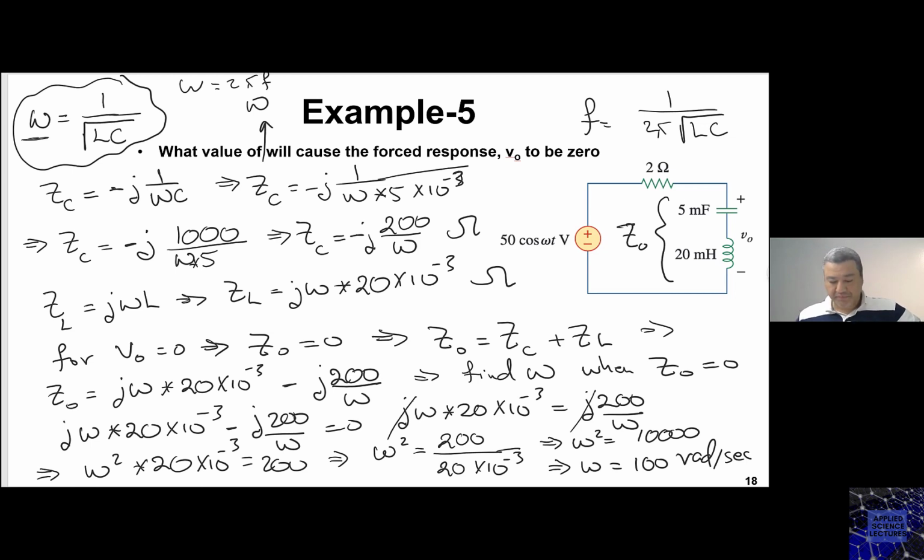Yes. So at the resonant frequency, that's basically when you get no impedance except DC resistance. All you have is the real resistance. There are no reactances.